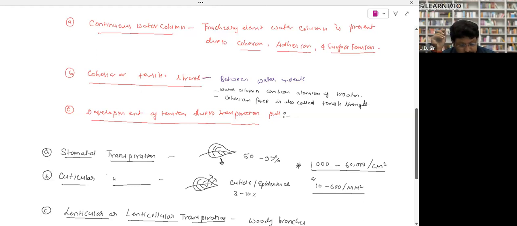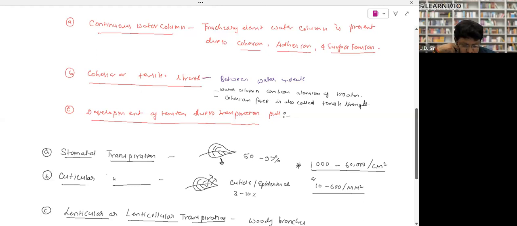Due to this, an increase in surface tension and a decrease in water potential takes place, sometimes up to minus 30 bars.